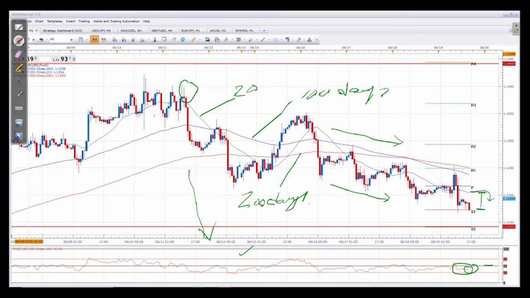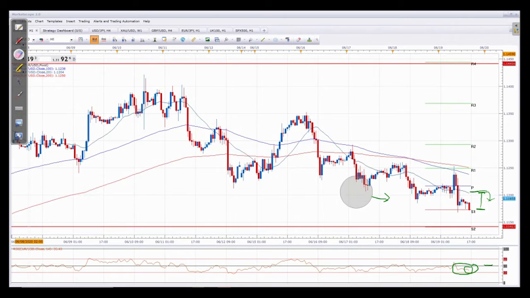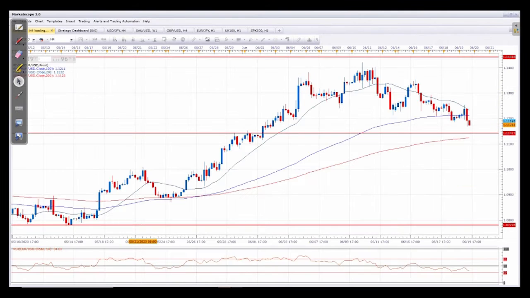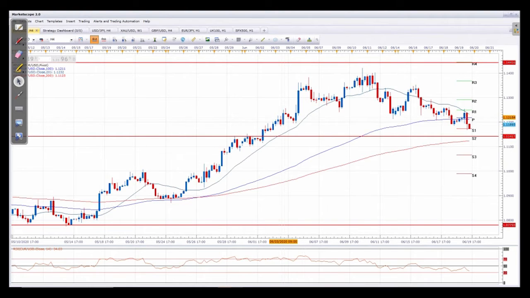So, okay, let's see another thing now. Another picture. Let's get rid of all this, because whenever I go to the new chart, the lines will change. So, let's go to the 4 hours chart now. 4 hours and 30 days. What did that tell? Wow, amazing, isn't it?